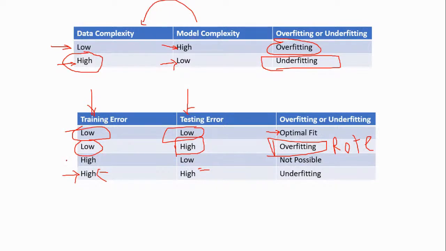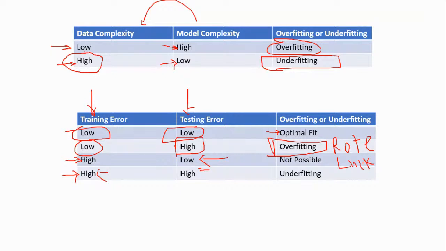So let's say I make very high mistakes in the practice exam and very low mistakes in the final exam. Either I got lucky, but that luck might work in a multiple choice option.